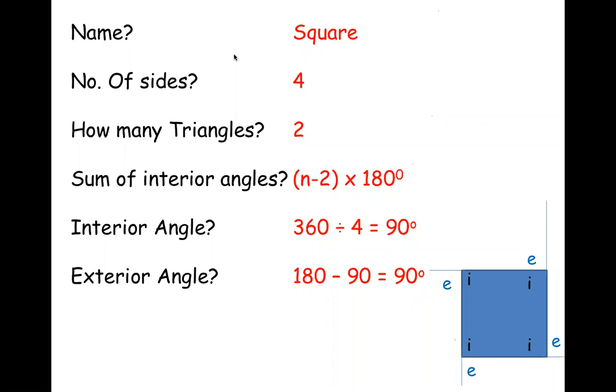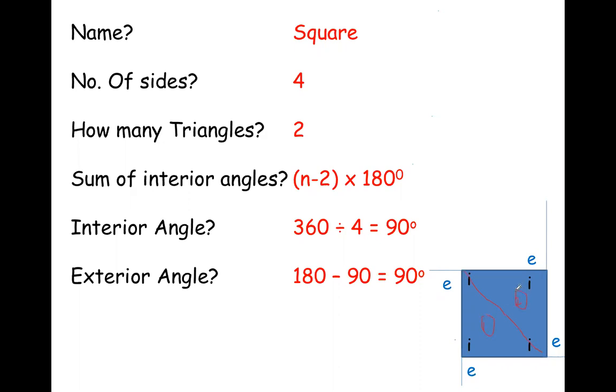Okay, now let me quickly explain why the number of triangles is used here. This is another technique to find the sum of interior angles. We know that the sum of the interior angles of one triangle is 180. A square is made up of two triangles. If you see, I can cut this into two triangles, one triangle here and another triangle here.